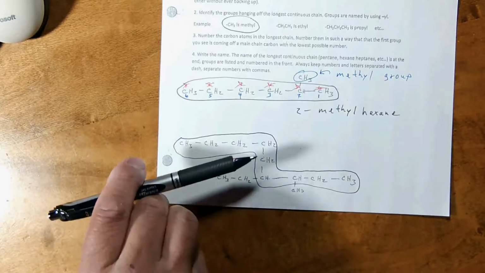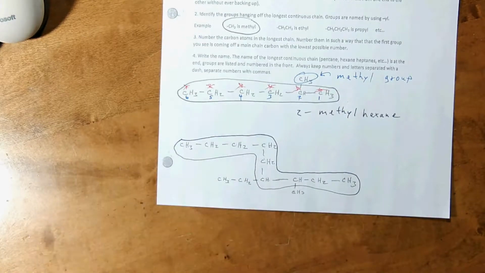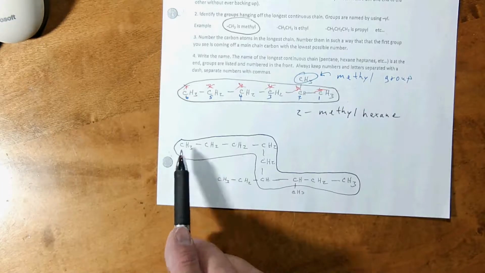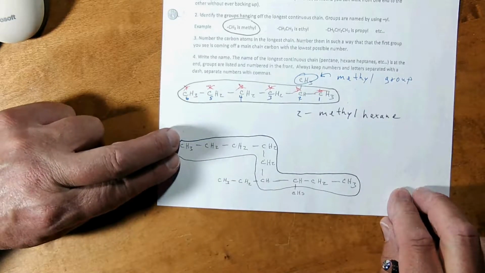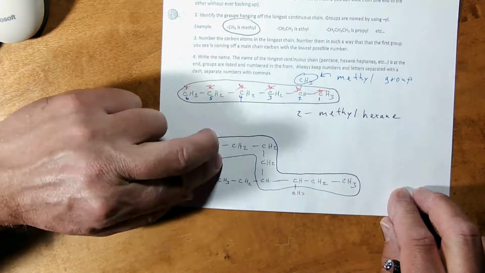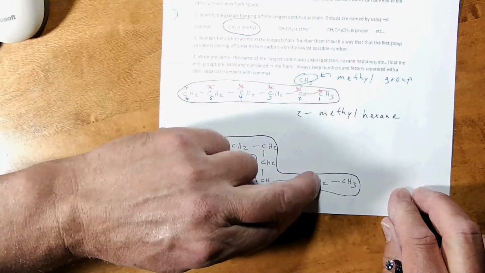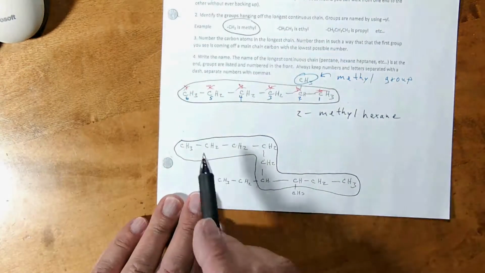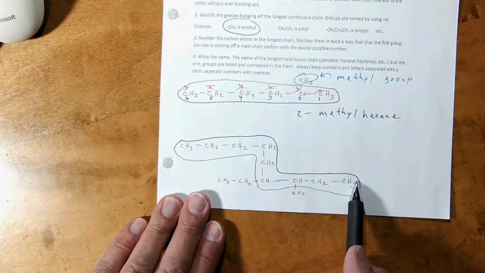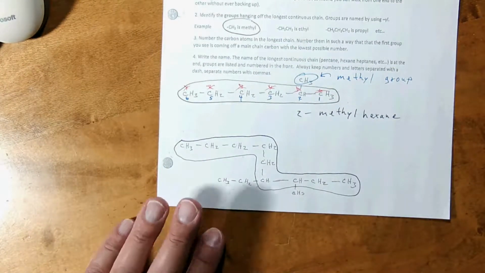You can turn to your right, you can turn to your left, you can make all kinds of turns, you can just never backtrack. So if I was a little bug, I could start here, I could walk along and touch 1, 2, 3, 4, 5, 6, 7, 8, 9. So that's 9 carbon atoms in a row forming a continuous chain.